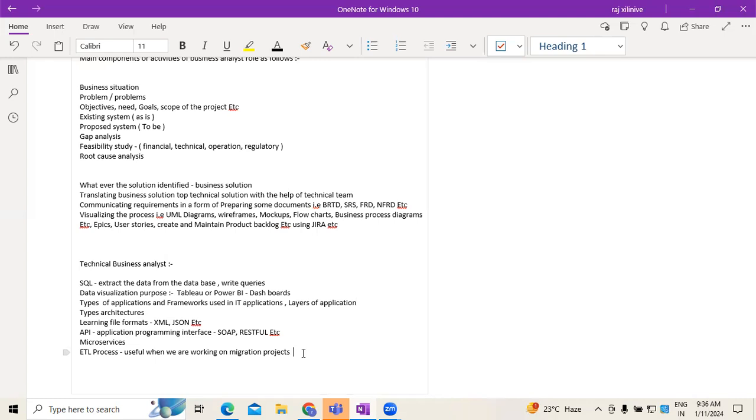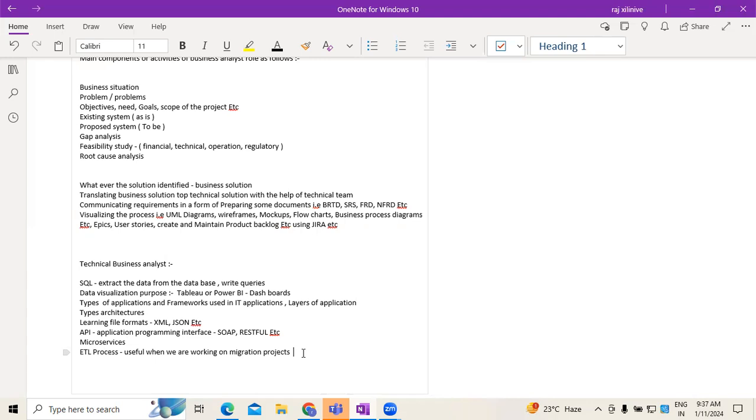But technically, if you want to learn technology and become a technical business analyst, or for any job opportunities in the industry nowadays, the roles are transforming. Earlier, business analyst roles were confined only to functional skills.